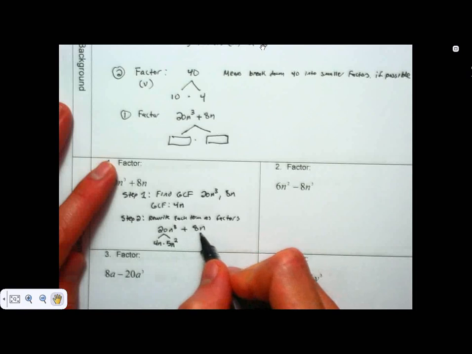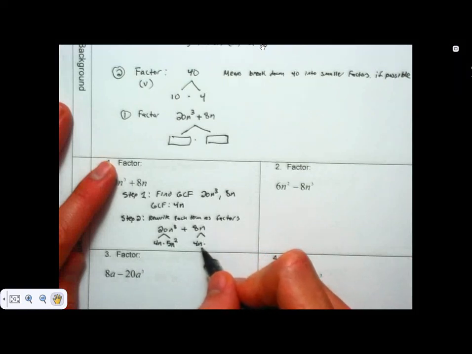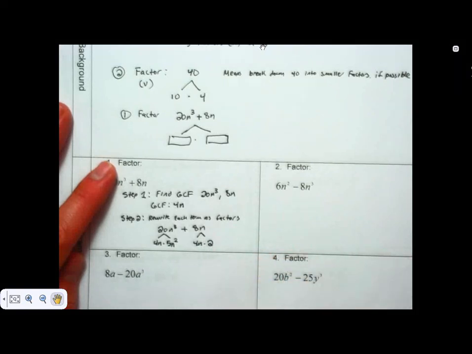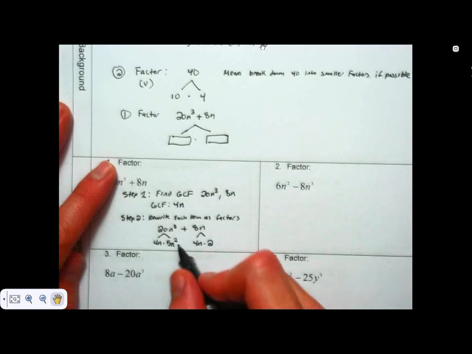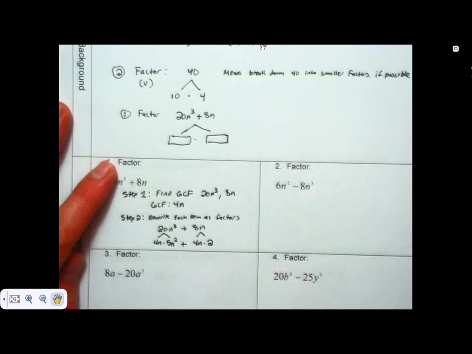The second one, 8n, can be broken down into 4n times, well, 4n times 2 is going to give me 8n. Notice all I've done is take our original terms and now written them in factored form.